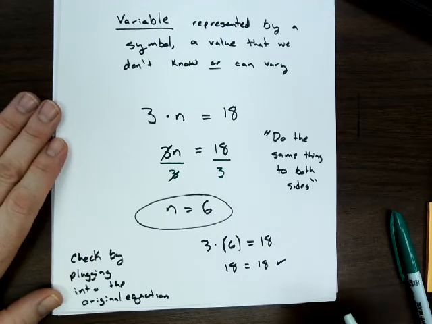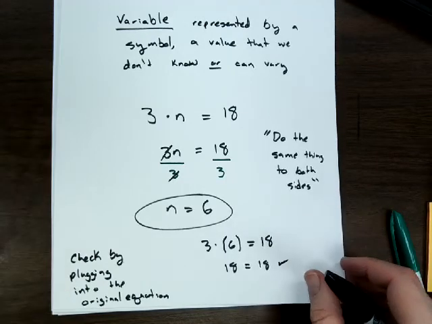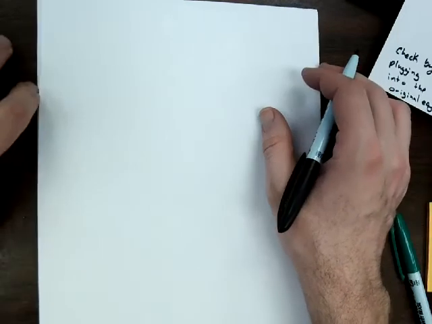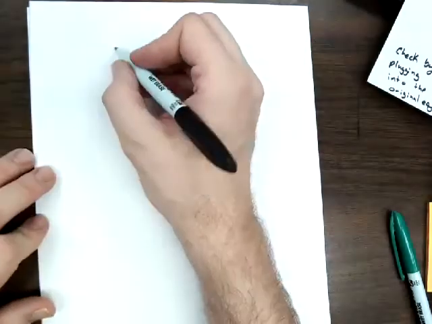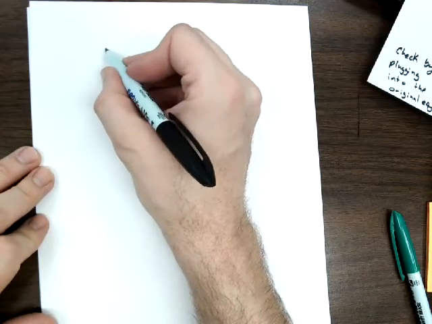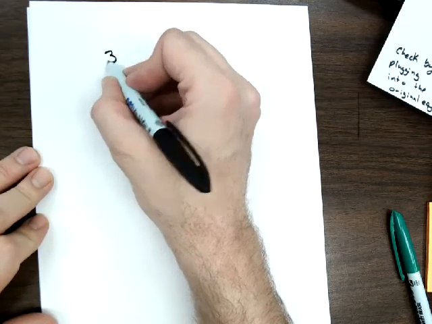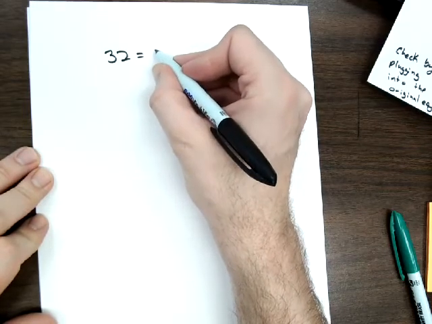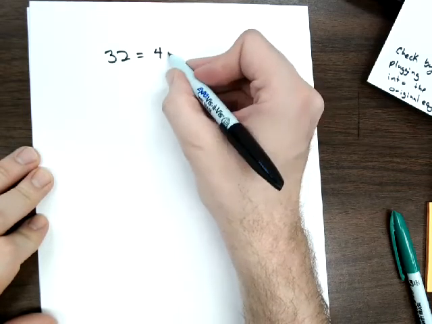Okay. Let's do it again. Let's see if this pattern continues to hold. Say I've got something like 32 is equal to 4y.